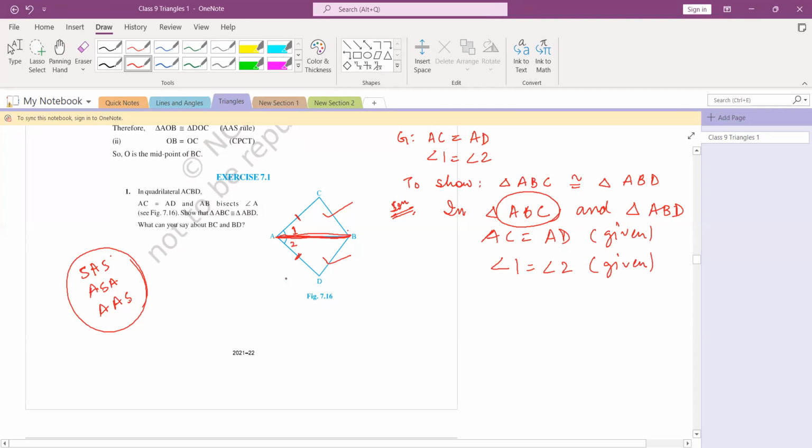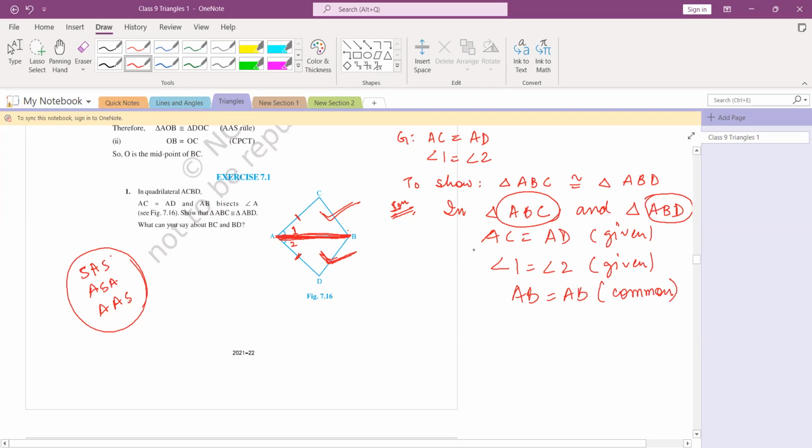Now look at this triangle ABD, the below one. AB is also one side of this triangle, right? So basically AB is common to both the triangles. AB is part of this upper triangle and of this lower triangle. So it is a common side. I can write AB is equal to AB. In bracket, you will write common.